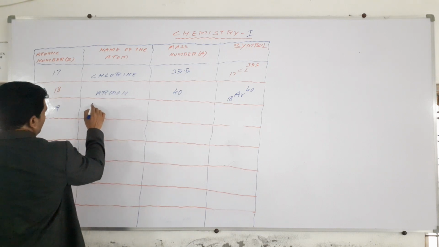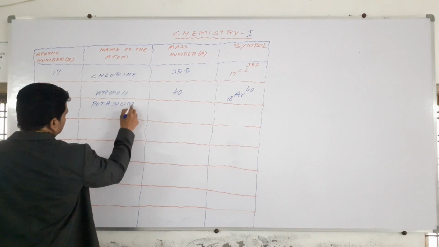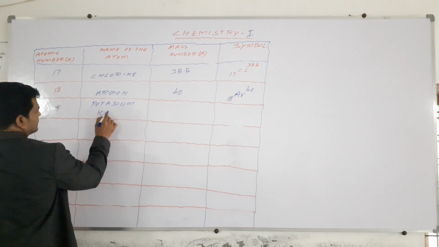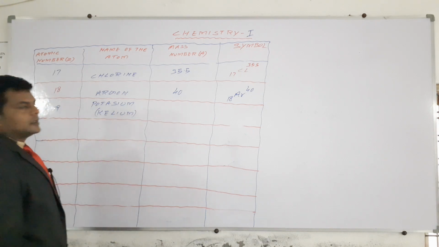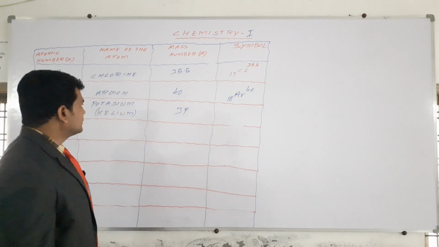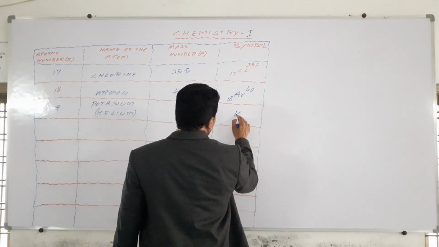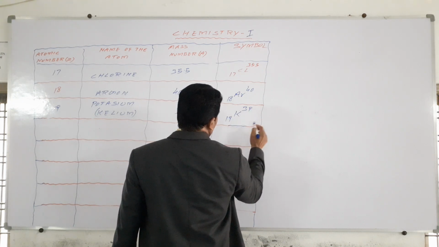Then 19, potassium. Its Latin name is kalium. So its mass number is 39. Then its symbol is K 19 39.